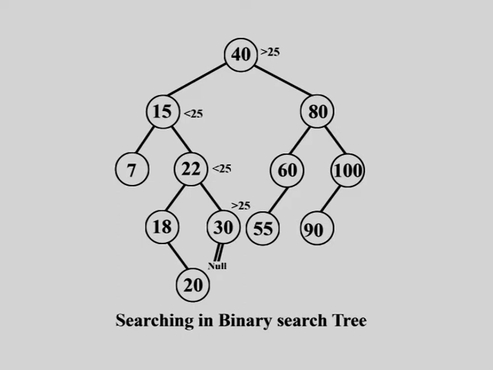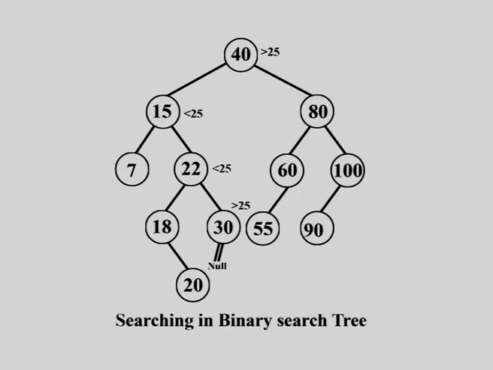In the right subtree, we compare 25 with 22 and again move towards the right, where we compare 25 with 30. Here, as the desired element 25 is smaller than 30, we are to move towards the left.